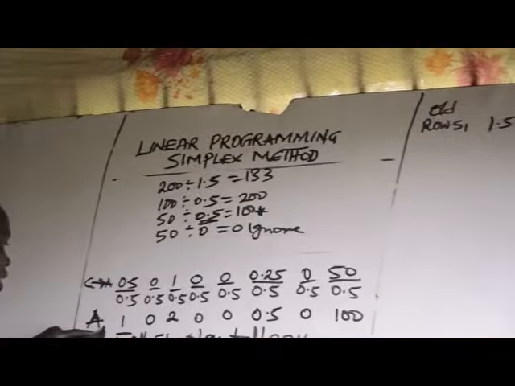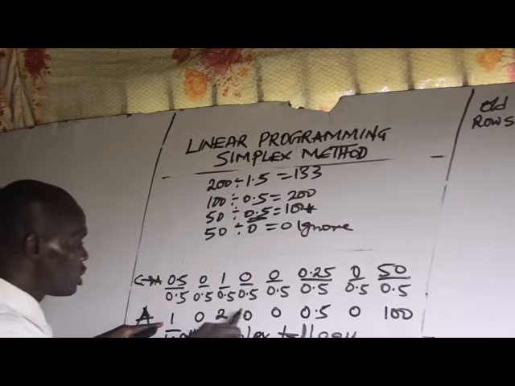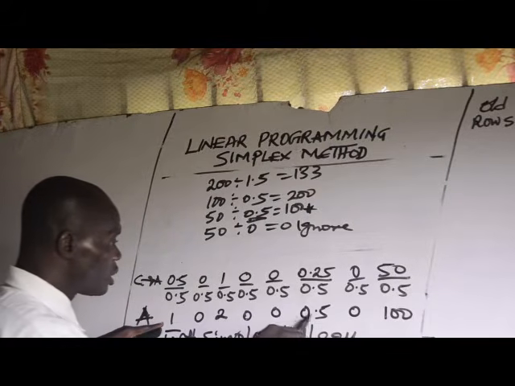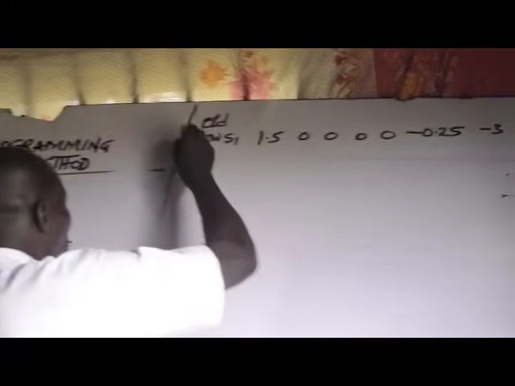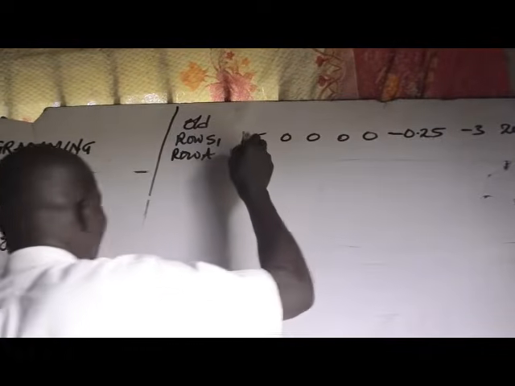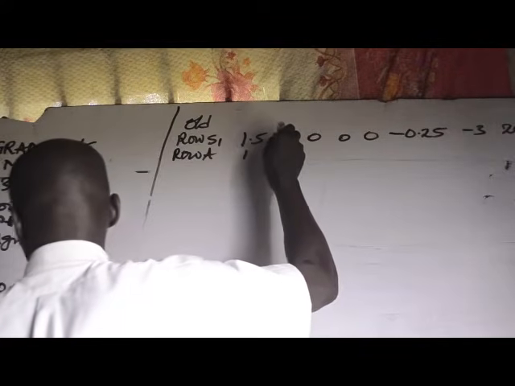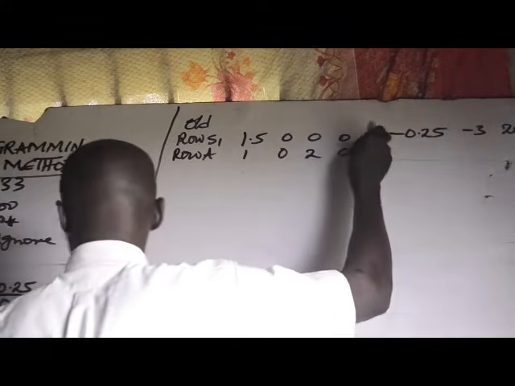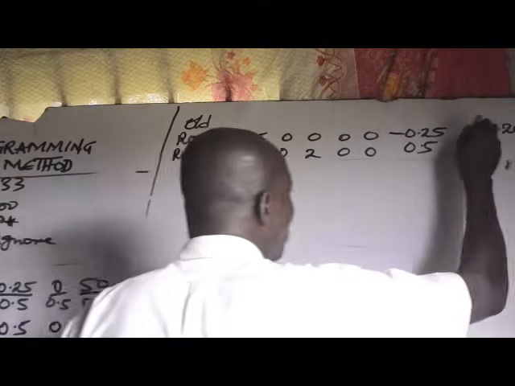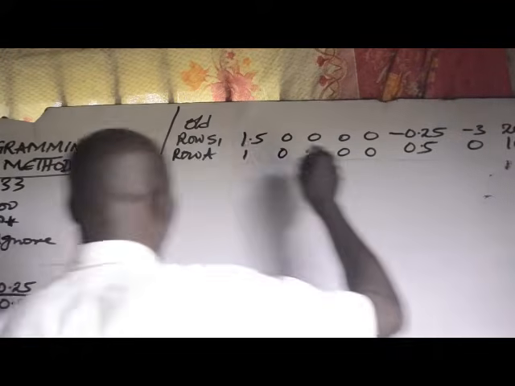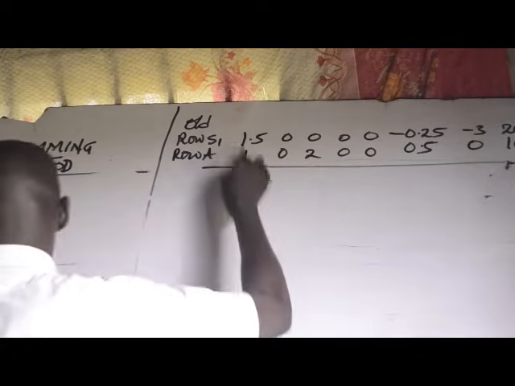Our row A, which is the new pivot row, is 1, 0, 2, 0, 0, 0.5, 0, and 100. Our target is to turn this column to 0.